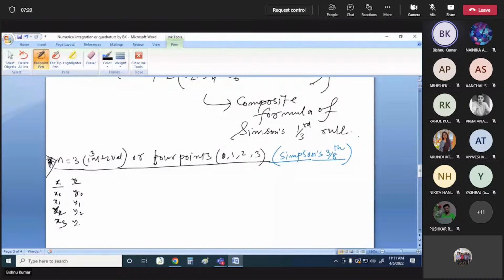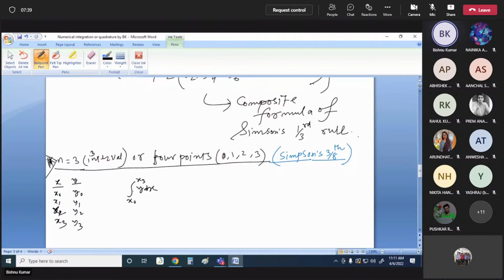Suppose you use Newton forward interpolation for these four points, and between x0 and x3 you are going to calculate the integration of y dx.